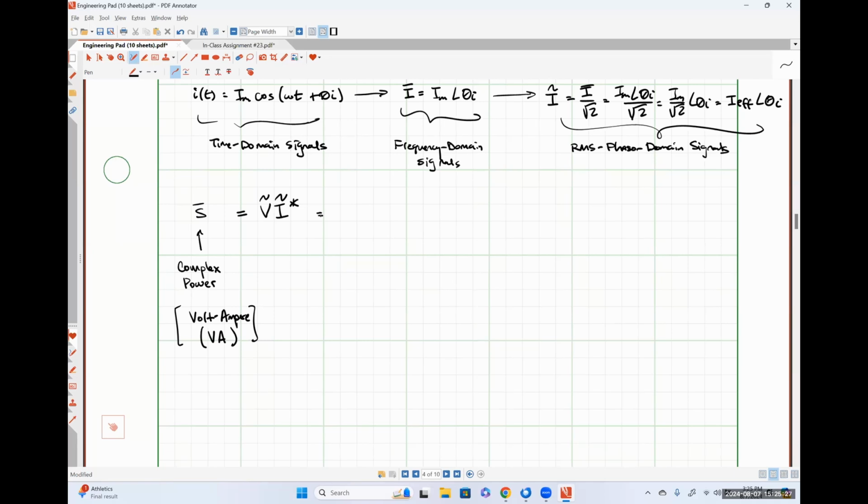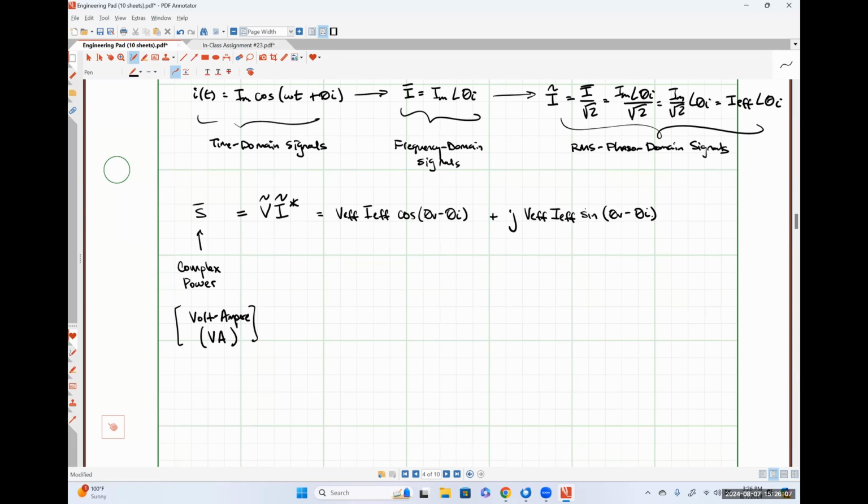So in rectangular form, if I multiplied RMS phasor voltage V times RMS phasor current I conjugate, I would get V effective times I effective cosine(theta V minus theta I) plus j V effective I effective sine(theta V minus theta I).